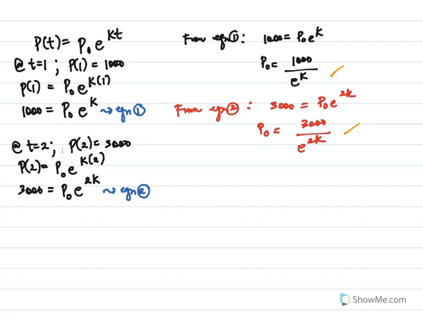So, we can equate 1000 over e raised to k to 3000 over e raised to 2k. And we can solve now for k on this equation. So, we can just swap them.